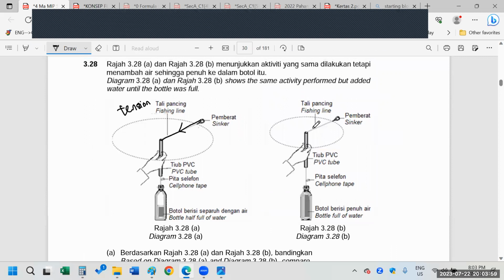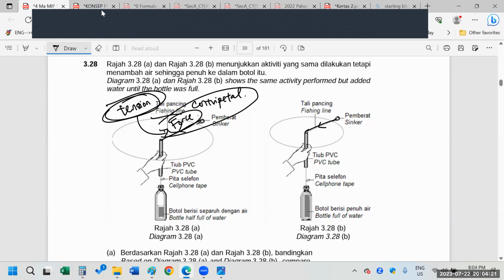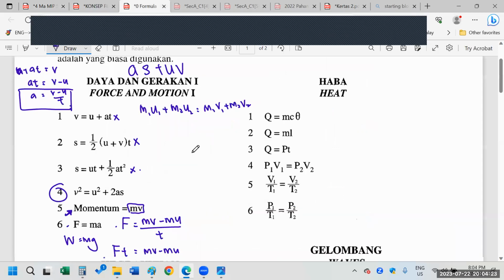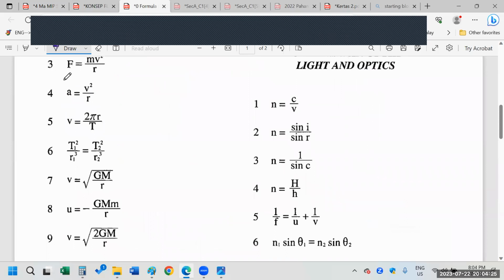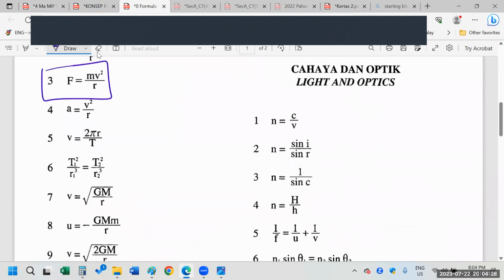Actually, they are asking centripetal force here because tension means force. Okay, tension means force. When they don't ask what is the centripetal force, they just mention what is the tension of the fishing rod. Actually, they are asking centripetal force, which is here, centripetal force.